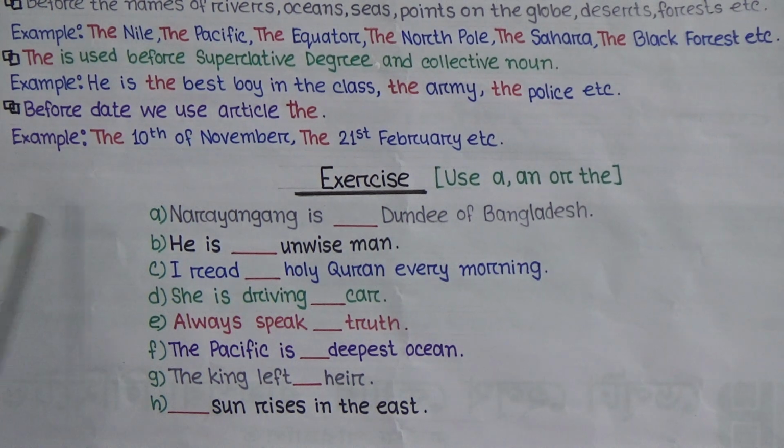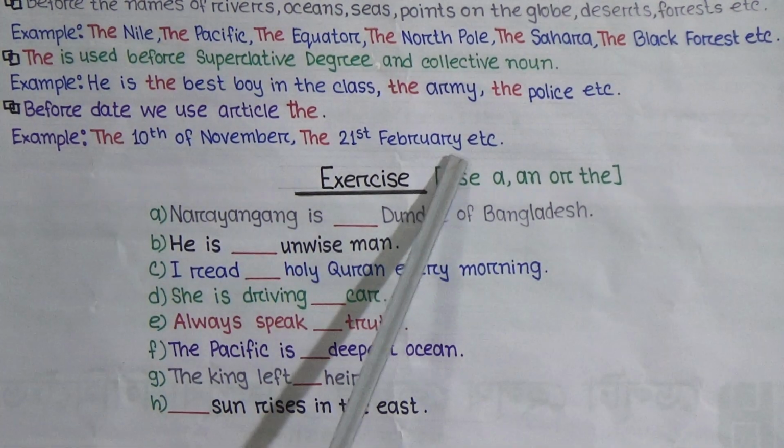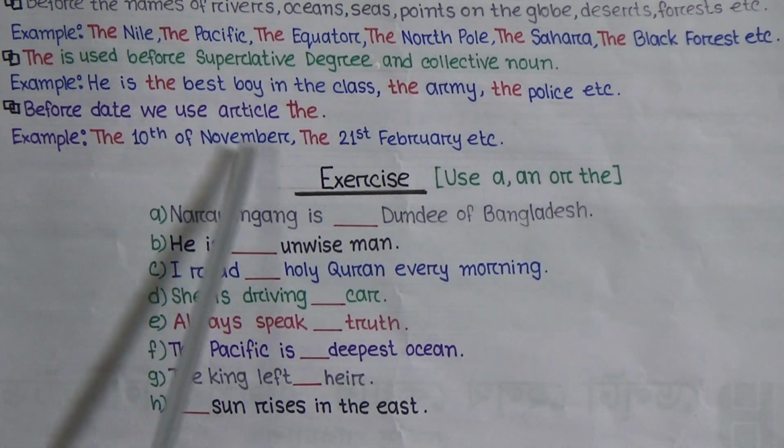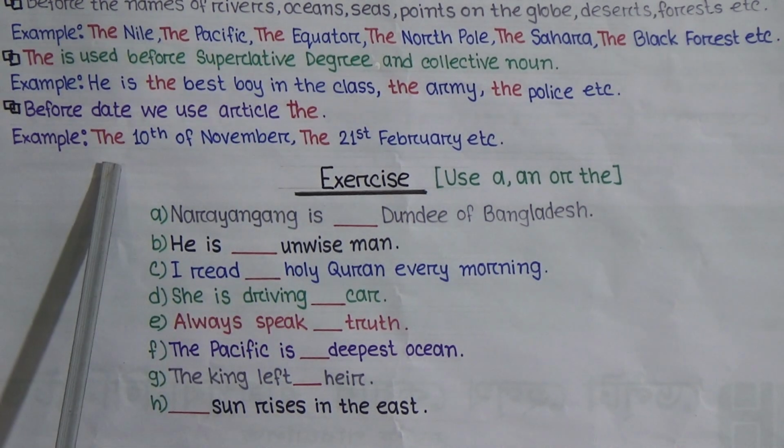So for example, we can say the 10th of November, the 21st February, etc. So if we write or mention any date, before those mentioned date we have to use article the.